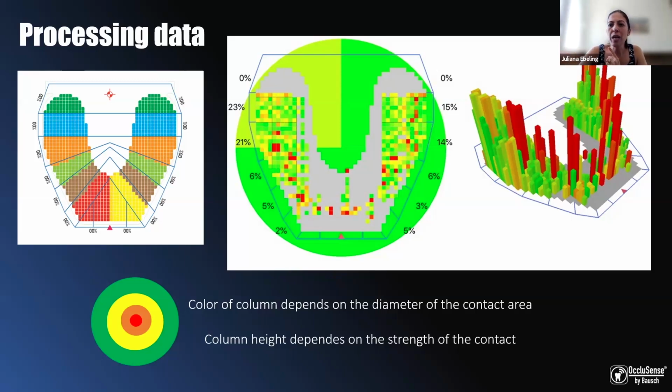So what we are looking for are red contacts for a better, ideal occlusion pattern. And with more green contacts, I have more flattened contacts, more flattened anatomical surfaces. So this is very important.